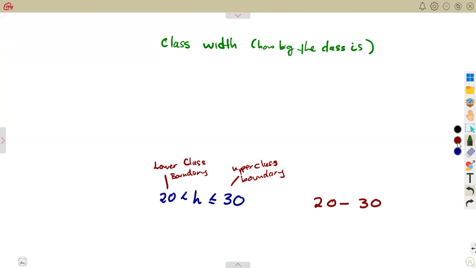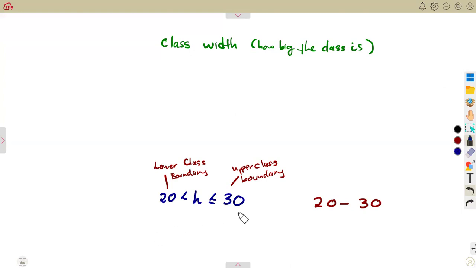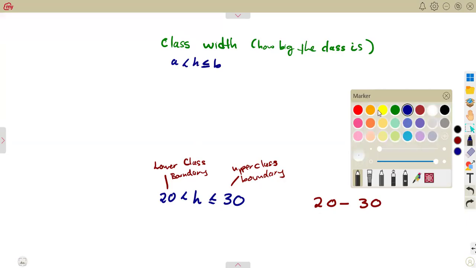Maybe if I put it this way, we are going to understand each other. Let's say we are given a presentation of H being greater than A, but less than or equal to B, like what we have here. What will be the class width? I want you to see a simple thing in our mathematics, guys.